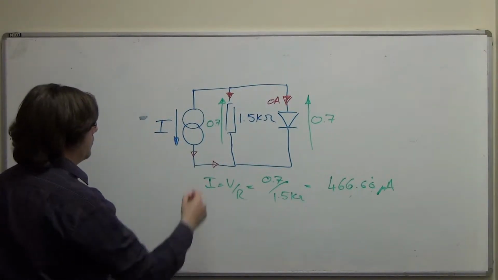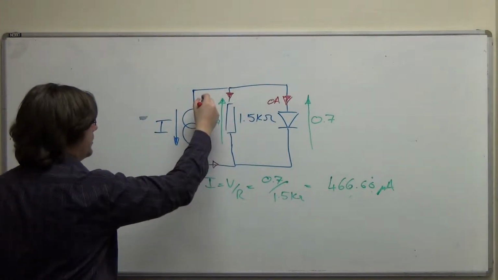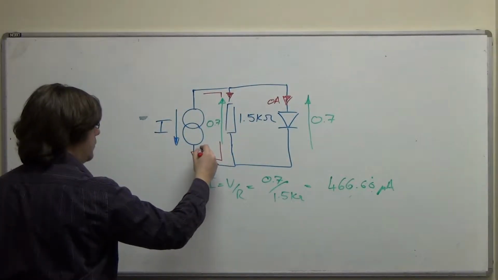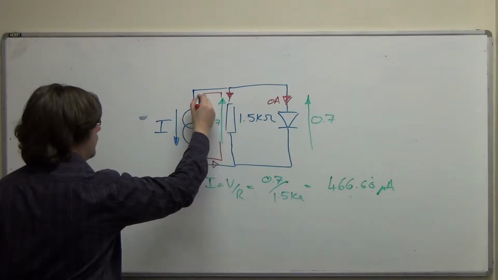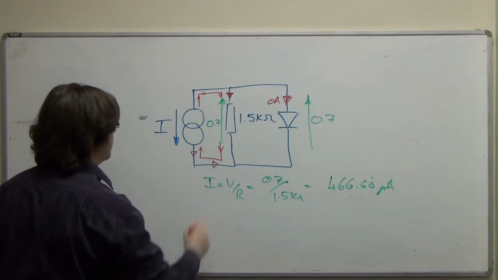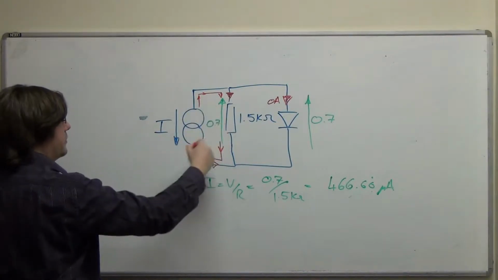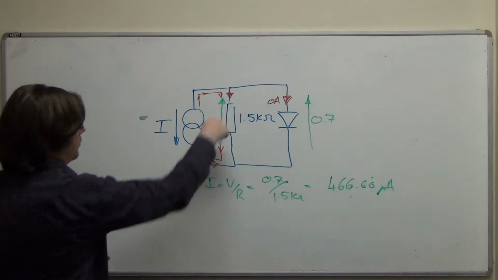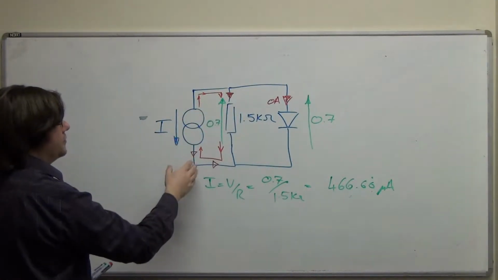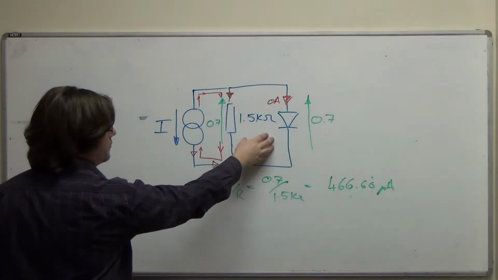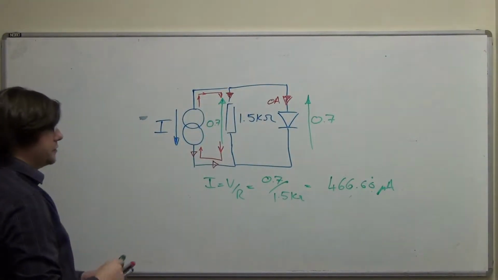So what we must say is that there's a loop here, like this, and the direction of the current in the loop is round and round like that. So I is equal to the current in the resistor. There's no option there, because there's nowhere else for this current to go except through the resistor. Can't have any current in the diode, remember, because it's on the point of conduction.